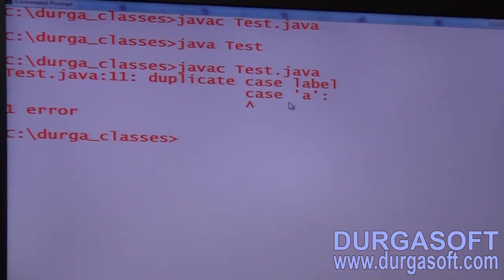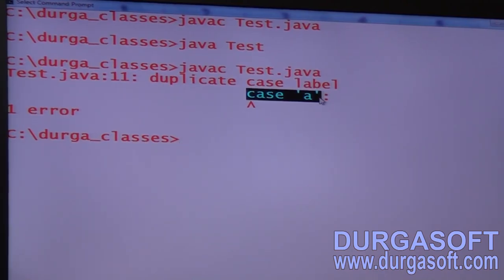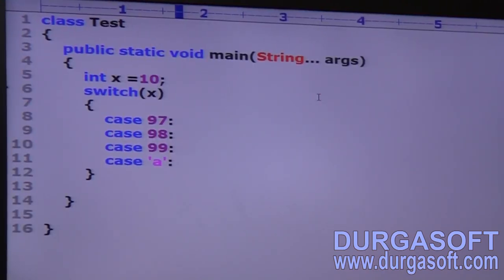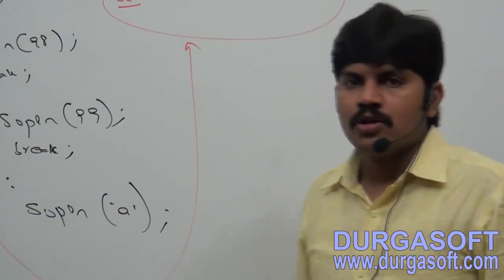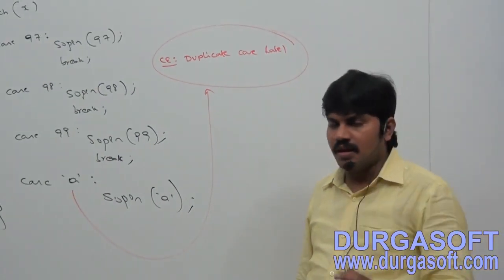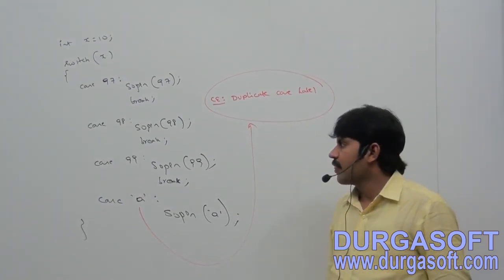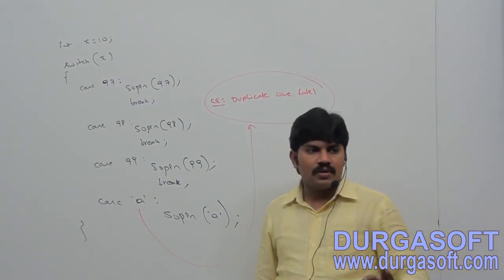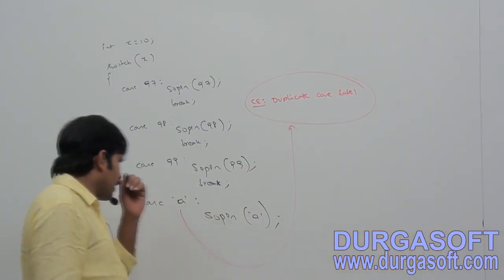At which case are we getting it? Case 'a'. That's why duplicate case labels are not allowed. By mistake, if you take a duplicate case label, we are going to get a compile-time error. Add the next point: duplicate case labels are not allowed, otherwise we will get a compile-time error.